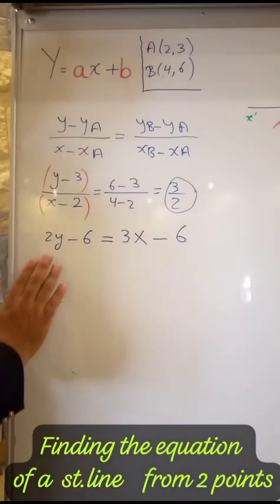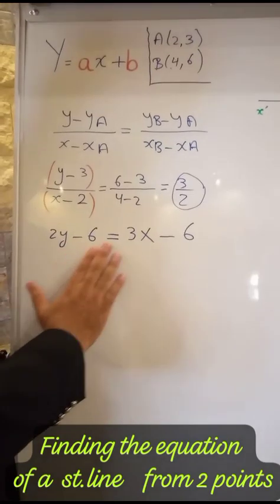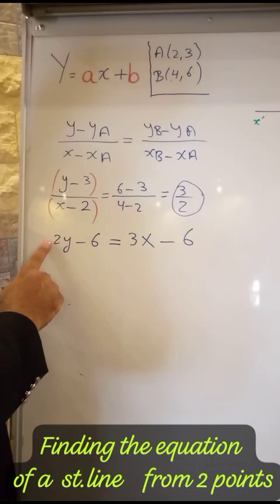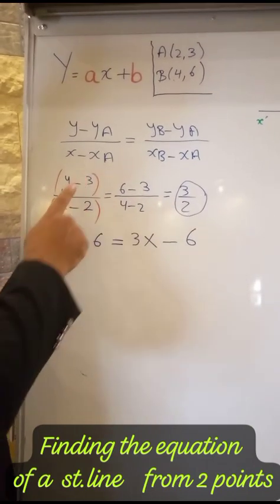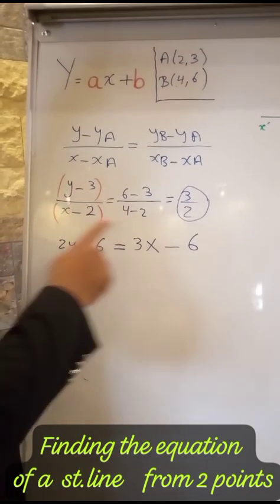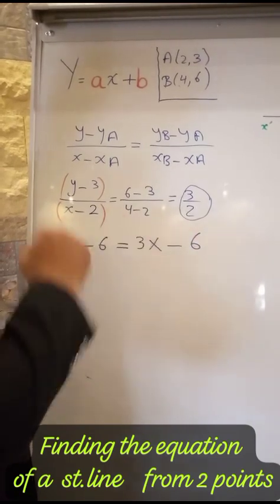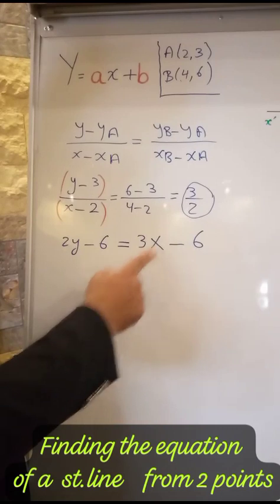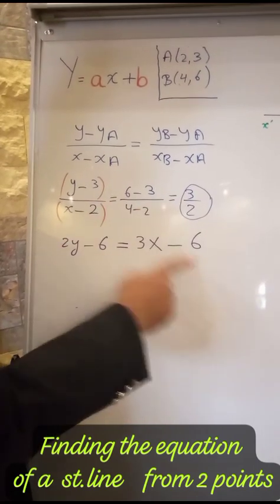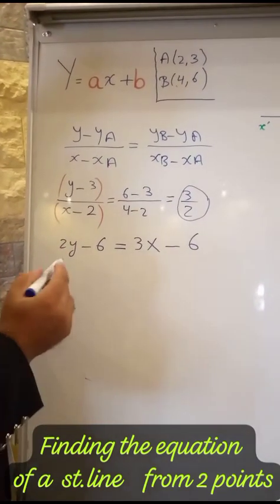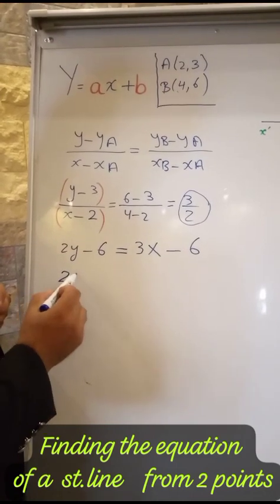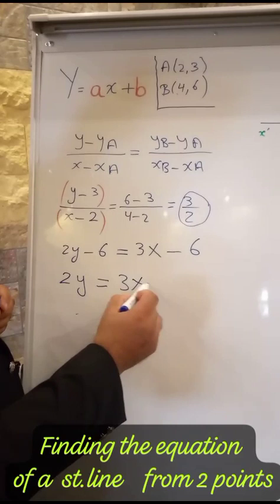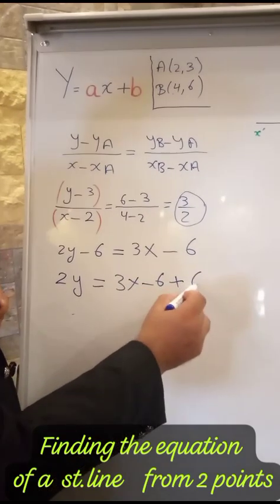Now we have 2y minus 6 equals 3x minus 6. 2 by y equals 2y, and 2 by 3 equals 6. Similarly, when we multiply 3 by x, we get 3x, and 3 by minus 2, we get minus 6. Now collect like terms and arrange in the form 3x minus 6 plus 6.